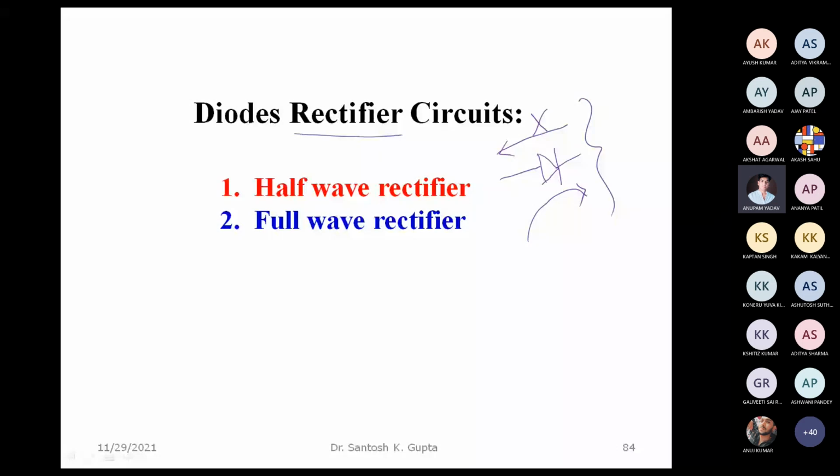This characteristic is exploited here to realize rectifiers. We have two types of rectifiers: the half wave rectifier and the full wave rectifier. We will look at these one by one.